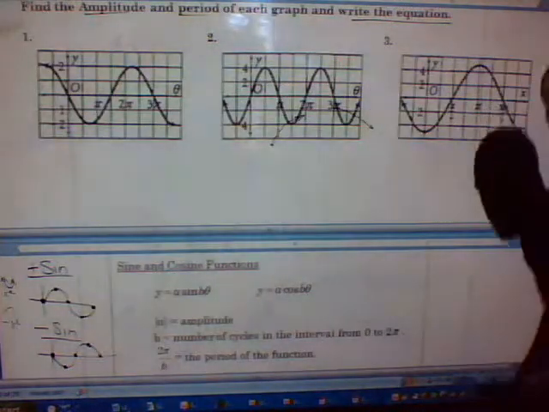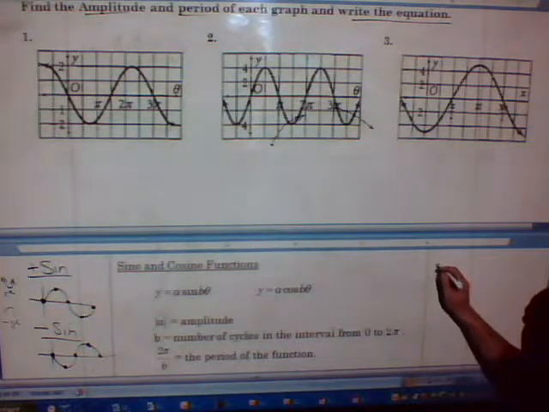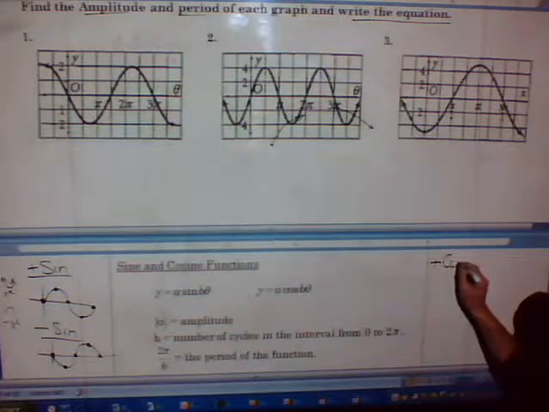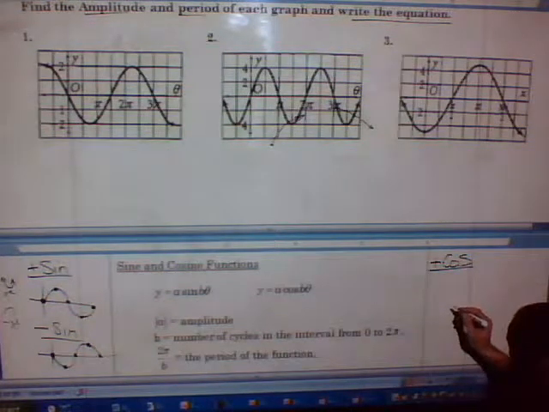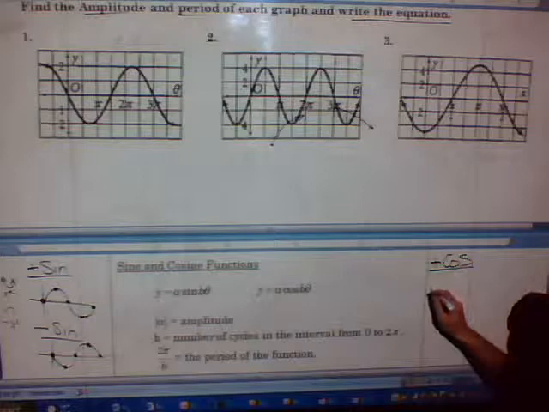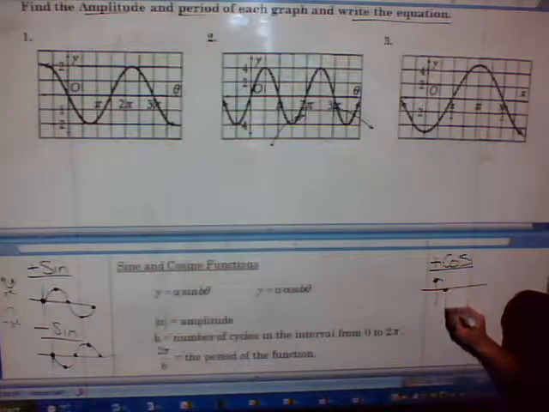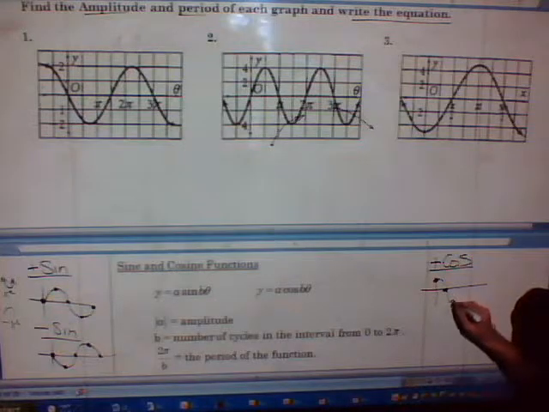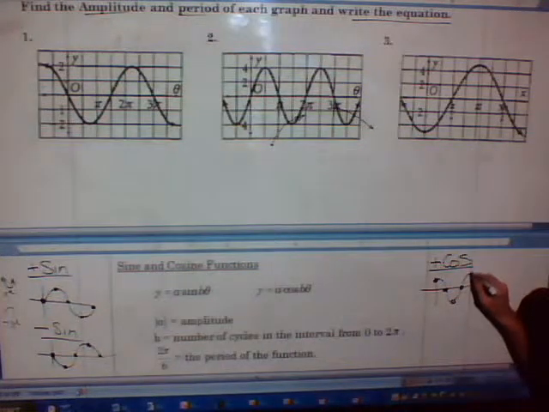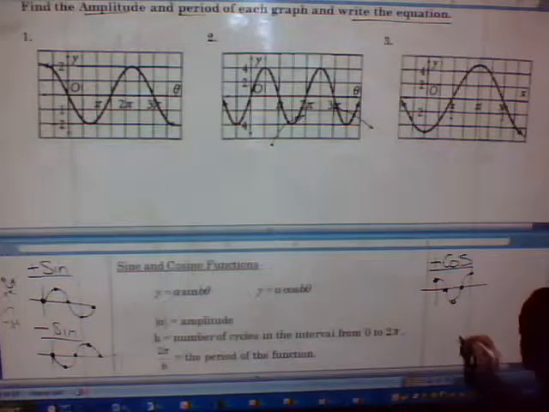Your positive cosine graph, on the other hand, is going to start at positive 1 and head to 0, go down to negative 1, back to 0, and then back up to positive 1.